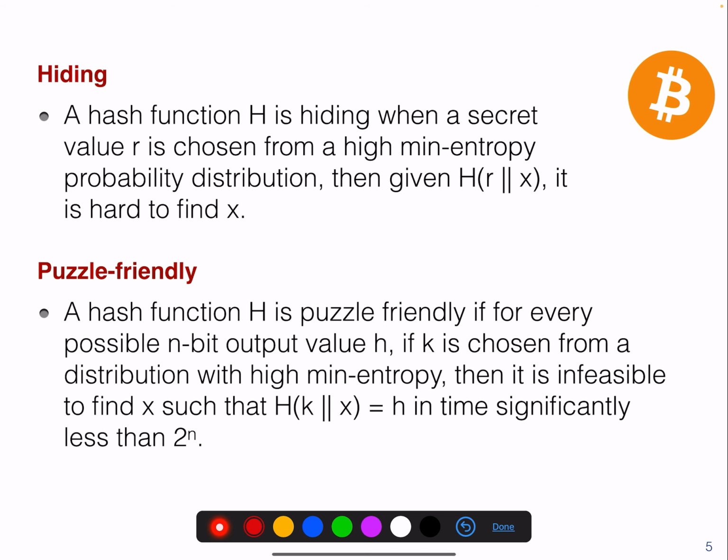The other two are hiding. A hash function h is hiding when a secret value r is chosen from a high min-entropy probability distribution. Then, given h of r concatenated with x, it is hard to find x. This is where the value r allows you to hide the input x.